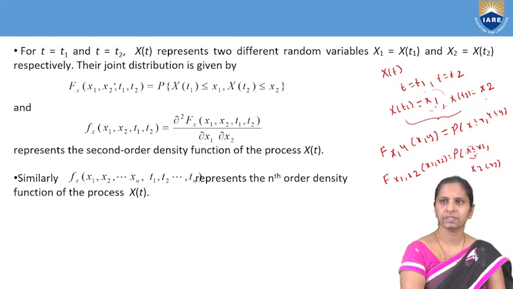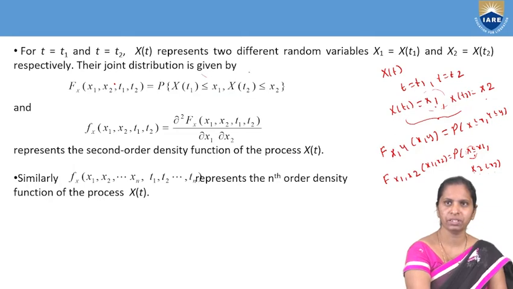Now what is X1? It is nothing but X of t1. So P of X of t1 less than or equal to x1 comma and X2 less than or equal to x2. What is capital X2? It is nothing but X of t2. So X of t2 is less than or equal to x2. And this is called what? The joint probability. What is this event?